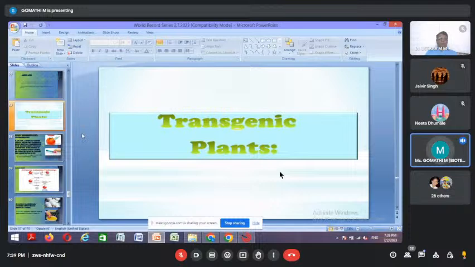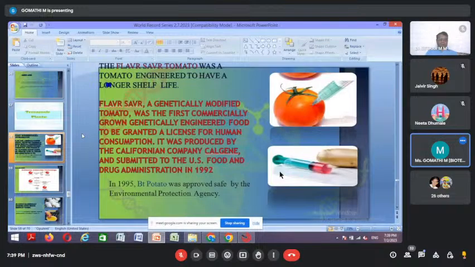And moving on to transgenic plants. The genetically modified tomato called the Flavr Savr tomato, which has a long shelf life, is produced by this recombinant DNA technology.